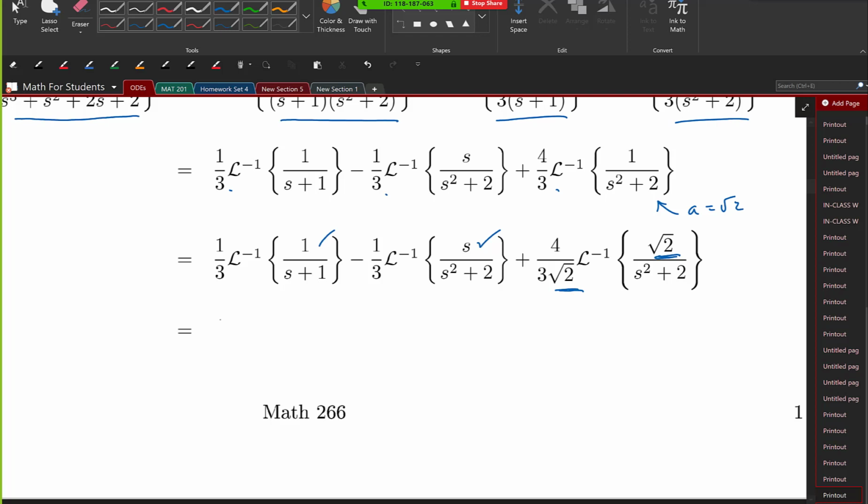Now we're ready to pull all this back into t space, and we get 1/3 e to the minus t, minus 1/3 cosine of the square root of 2t, plus 4/3 radical 2 times the sine of the square root of 2t.